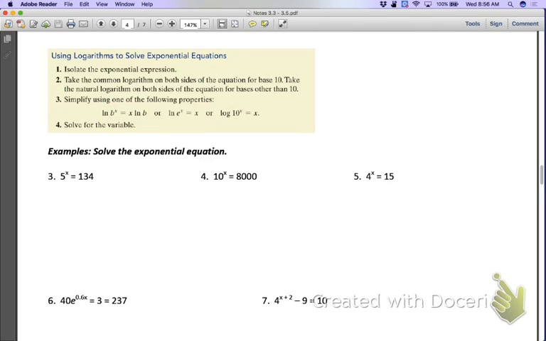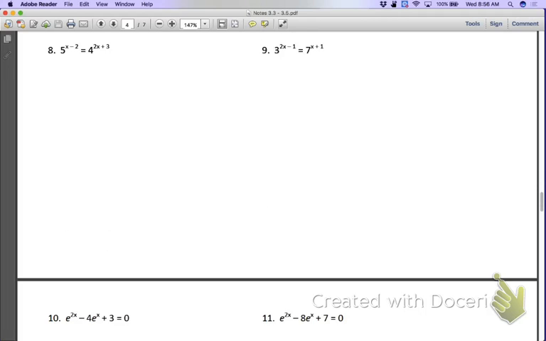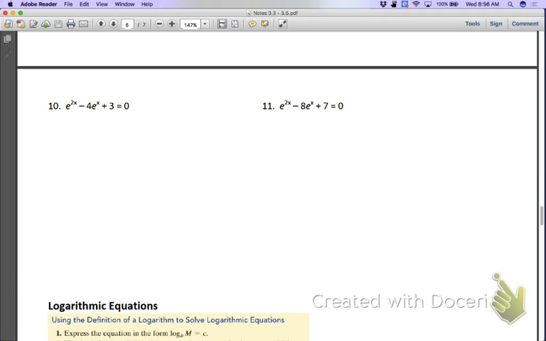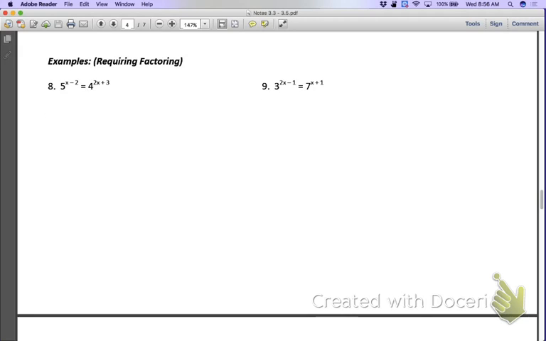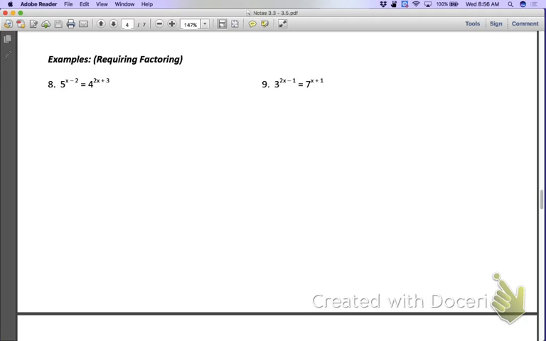So what I'm going to do here on 8 is take the natural log of 5 and multiply it with x minus 2.